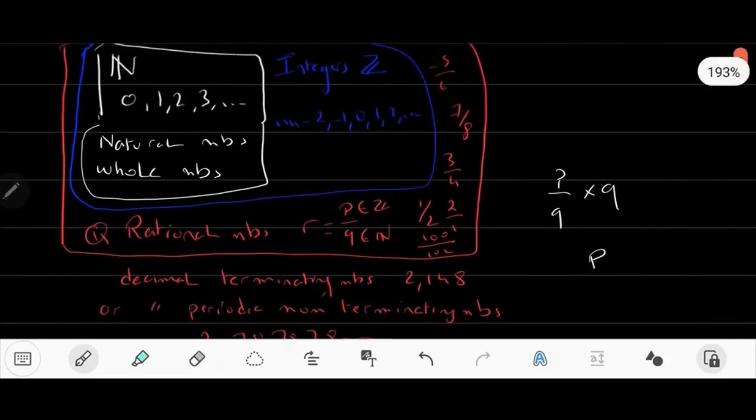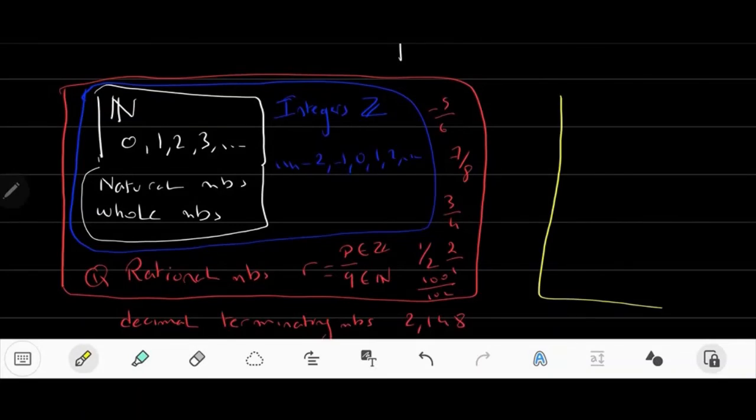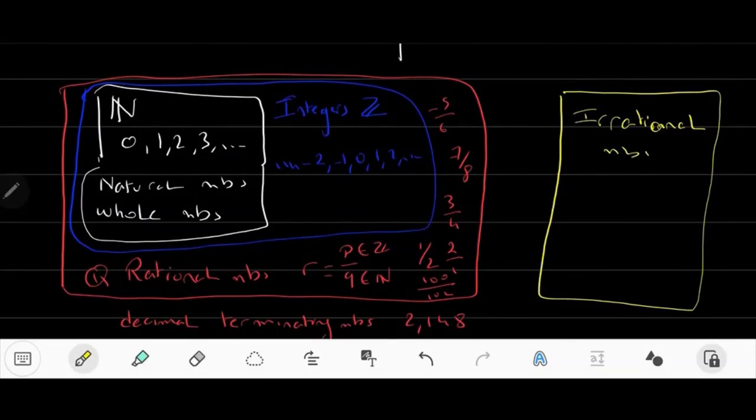That's why we go back here and we will add a new set of numbers, the irrational numbers, such as radical 2, radical 3, the number pi.